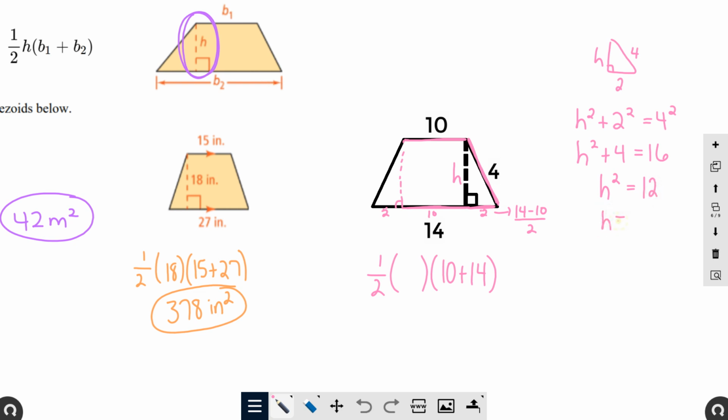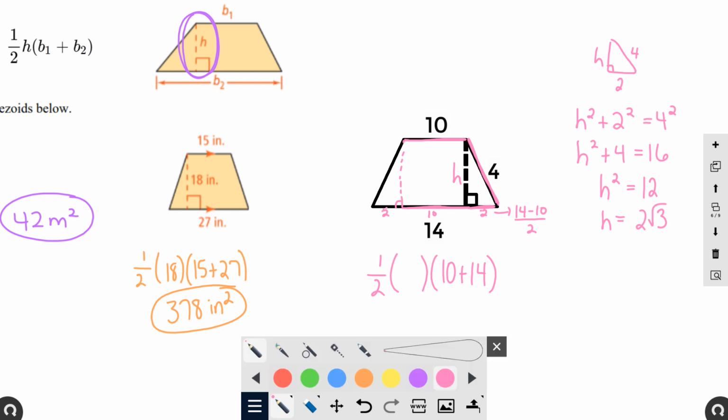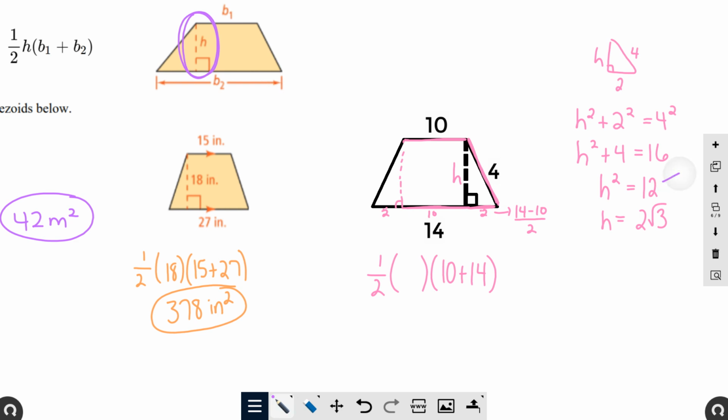So h would be, very good, 2 square root 3. You're right, because what multiplies to be 12? 4 and 3. And what's the square root of 4? 2, and the 3 stays under. So if you need to make your little factor tree, this would be 4 and 3. So the 2 comes out, the 3 stays under.